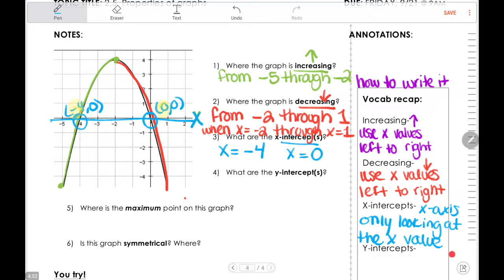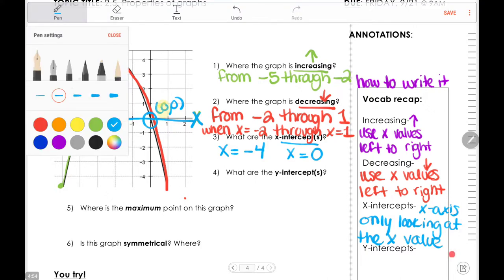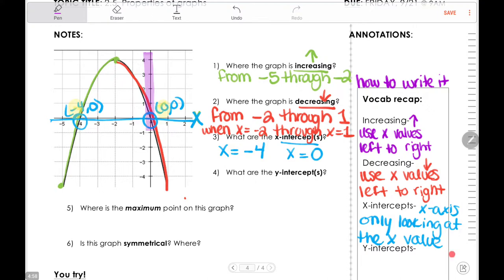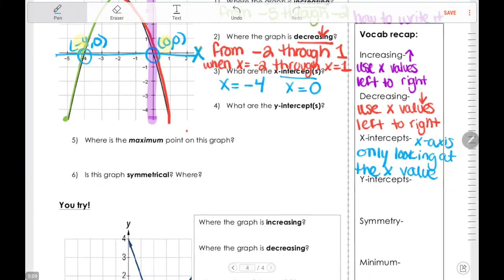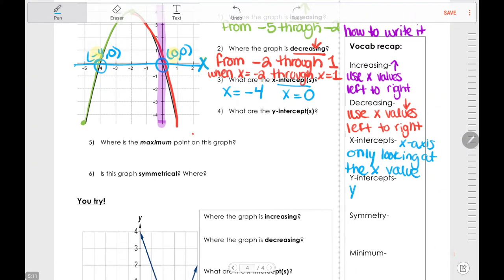Okay, similarly, where does it hit the y-axis? I'm talking about this y-axis. Just like we only focus on the x value for the x-axis, this is the y-axis, we only write the y value.